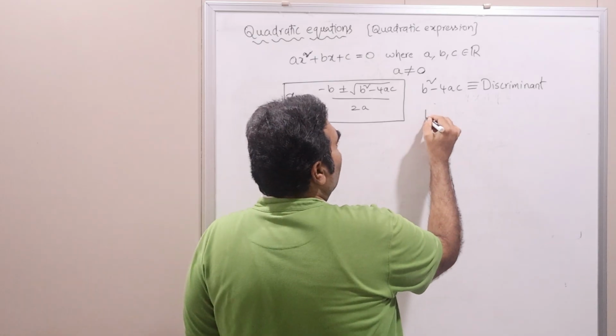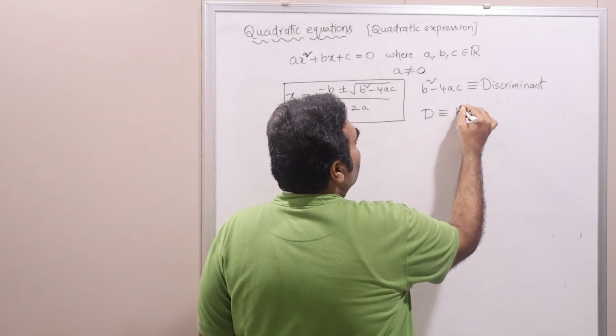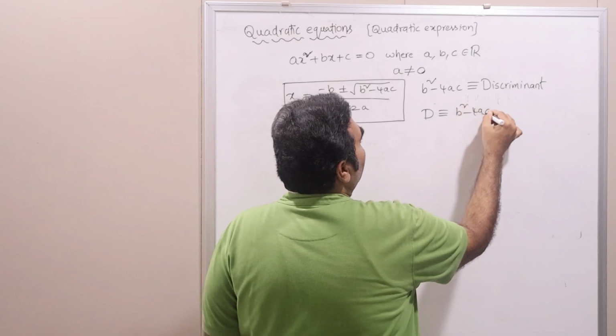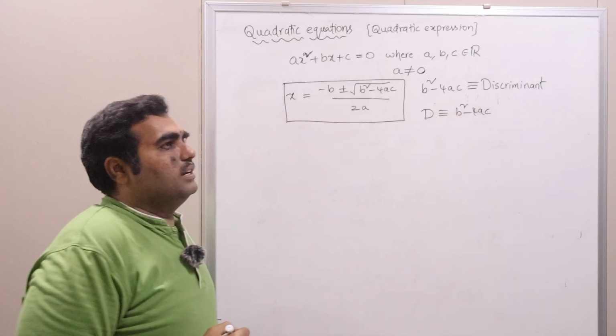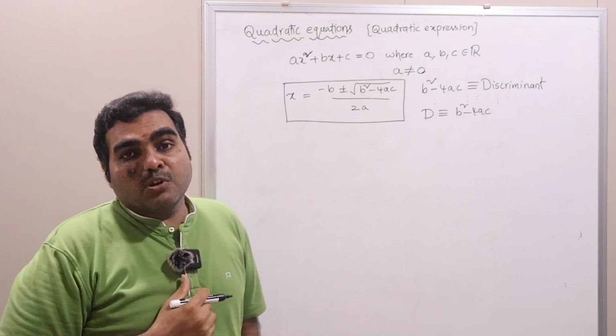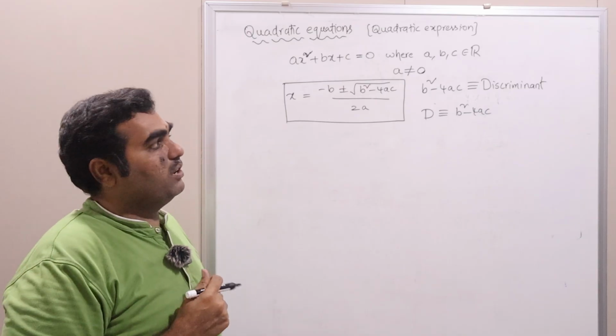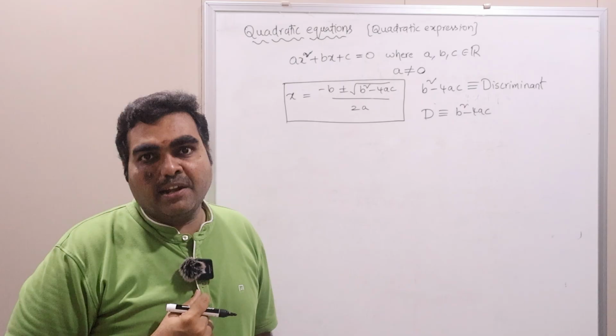In compact form, we represent the discriminant as capital D. The discriminant plays a very crucial role in the solution of your quadratic equation. You need to be focused when you are calculating the discriminant.